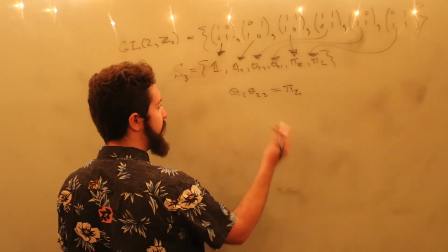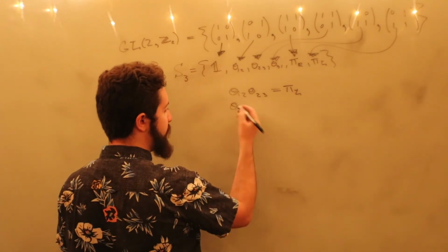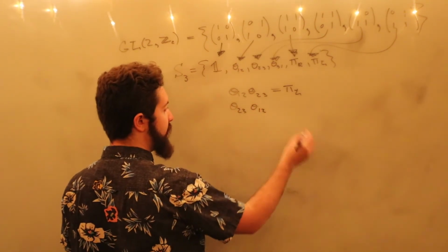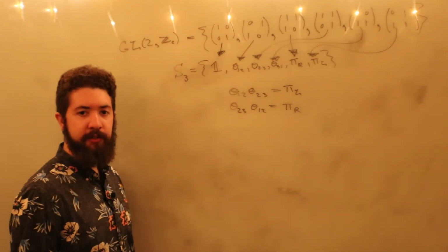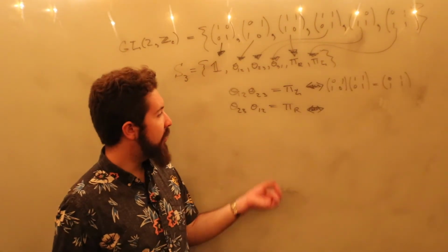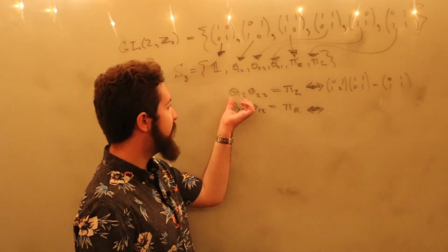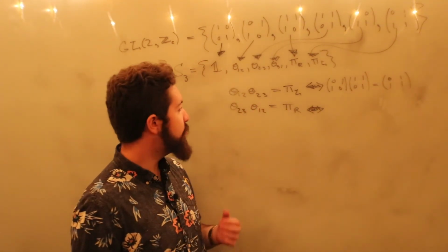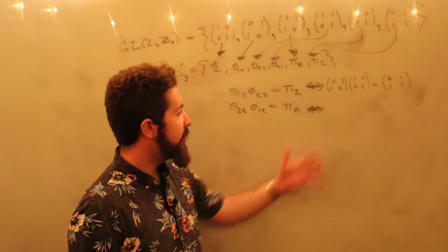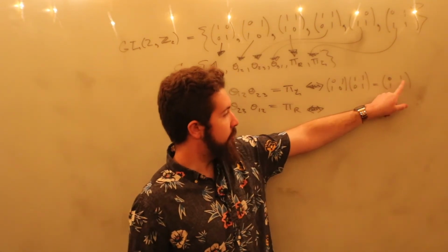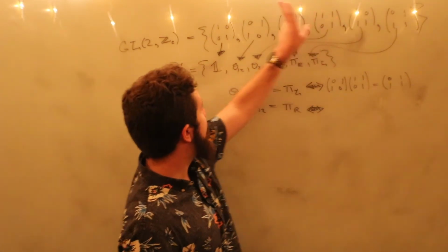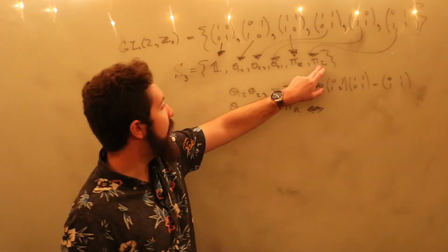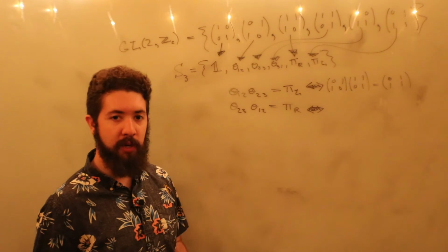Likewise, if we were to do it in the other order, sigma sub 2, 3 times sigma sub 1, 2, this is going to be equal to the right permutation. Now if you multiply the matrices corresponding to sigma 1, 2 and sigma 2, 3, we get this product, 0, 1, 1, 1, which, what does that get mapped to? That's going to get mapped to, where is it? Right here, pi L. Perfect correspondence.